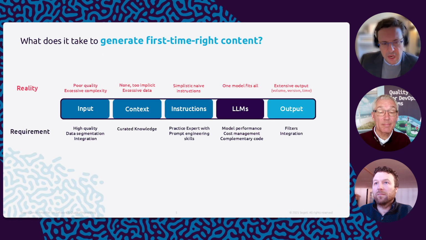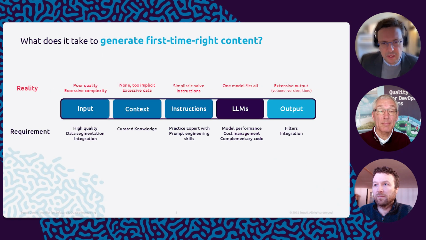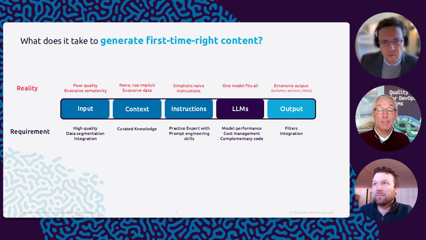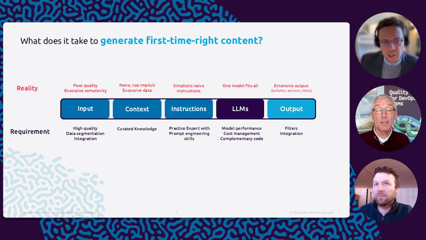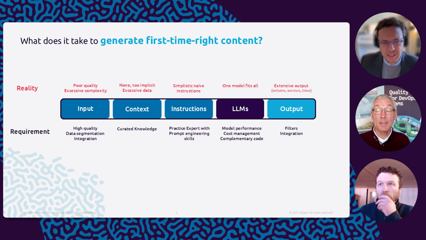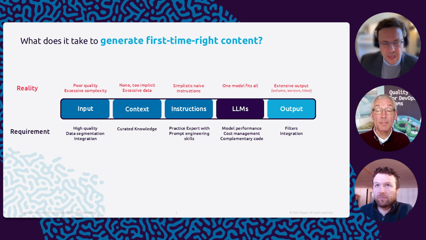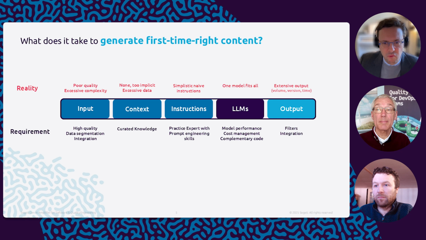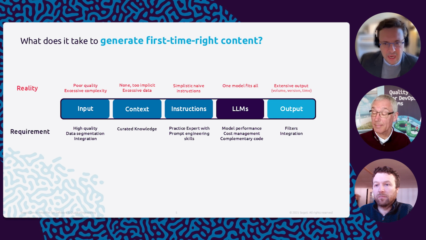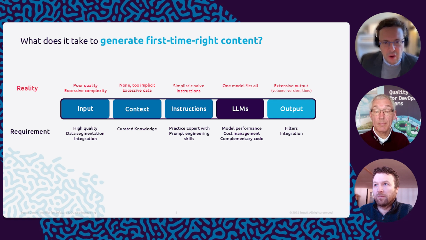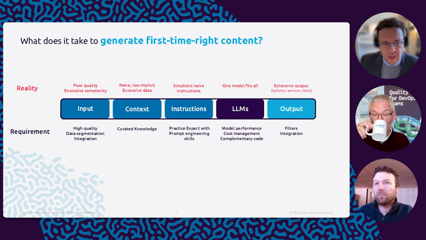Essentially, we can already see that to generate first-time-right content and achieve the same level of quality, there are challenges all along the way. In reality, to get to that point, there are a lot of things that we have to convey.